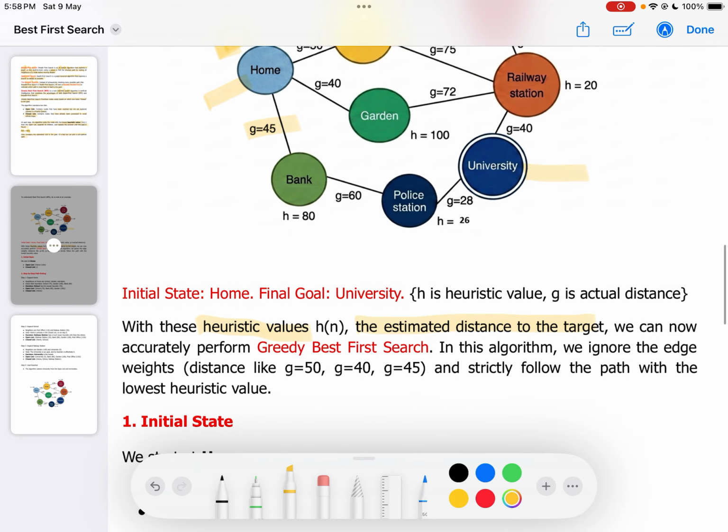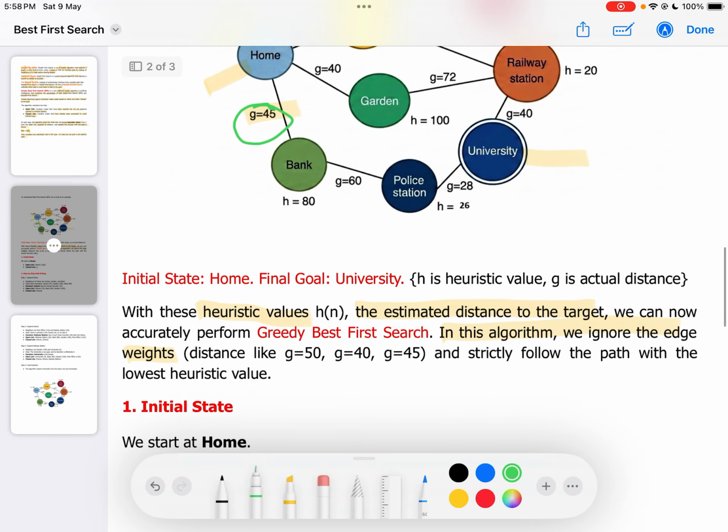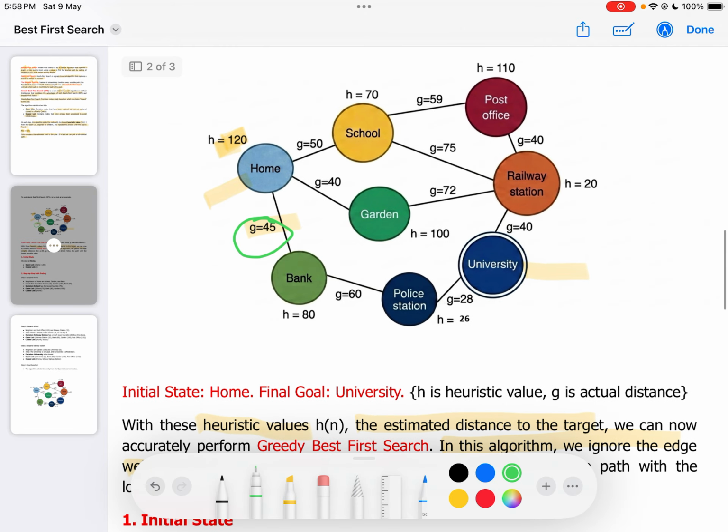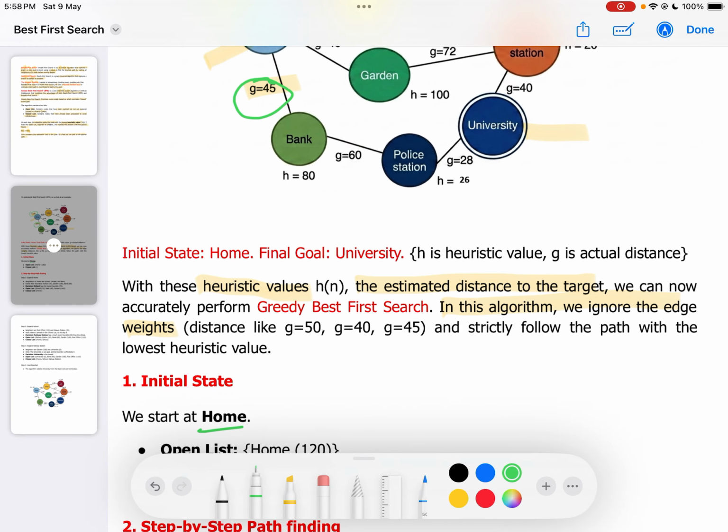Now in this algorithm, we actually ignore the actual distance. This actual distance is ignored in BFS. What this greedy best first algorithm does is it looks at H and goes through whichever has the lowest heuristic value. Okay, let's start with home.